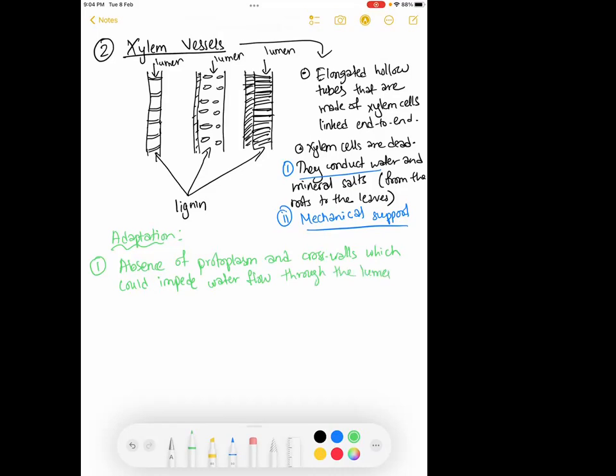The lumen is that hole, the internal cavity. Okay, so lumen is basically the internal cavity.